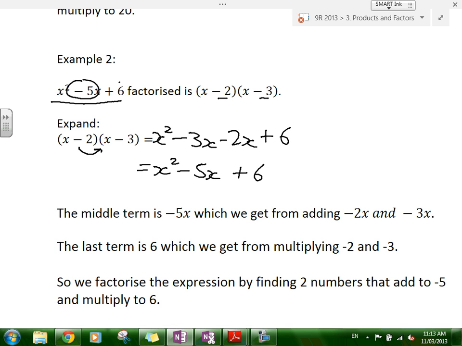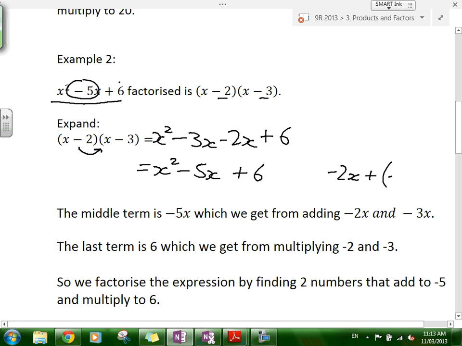The middle term is minus 5x, which we get from adding minus 2x and minus 3x together. Minus 2x plus minus 3x equals minus 5x. And the last term is 6, which we get from multiplying minus 2 and minus 3. Minus 2 times minus 3 is positive 6.